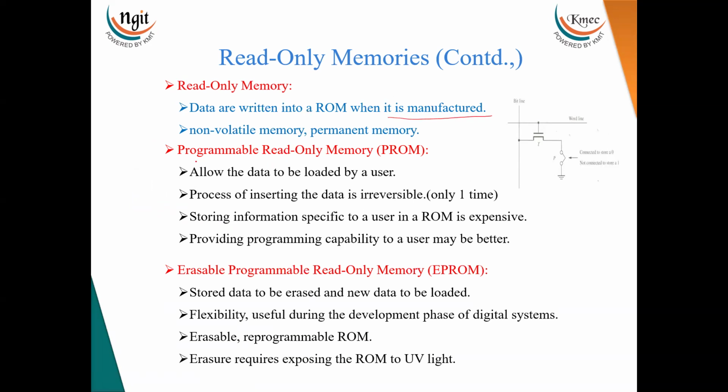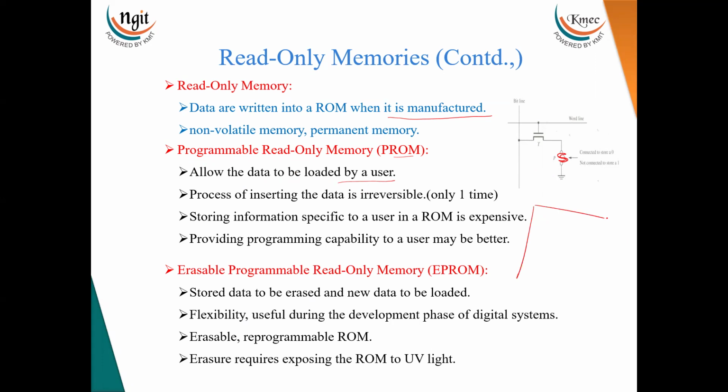Now coming to the next type, programmable read-only memory, PROM. It allows the data to be loaded by the user. A user can write the program one time. Instead of this permanent connection, here fuses are connected between this transistor and the ground in the complete memory.